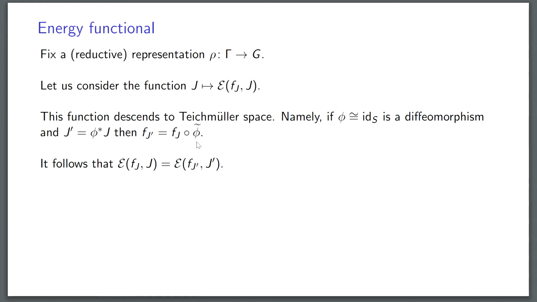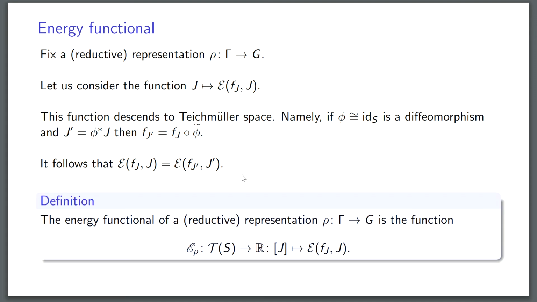Here phi tilde is the lift of the diffeomorphism to the universal cover. Plugging this formula for the harmonic maps into the formula of the Dirichlet energy functional, we find that they are equal, which means that this function does indeed descend to a well-defined function on Teichmüller space. And we use this to define the following.